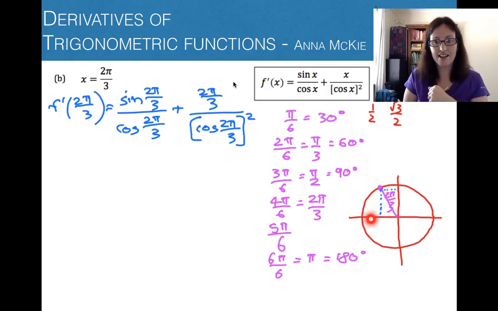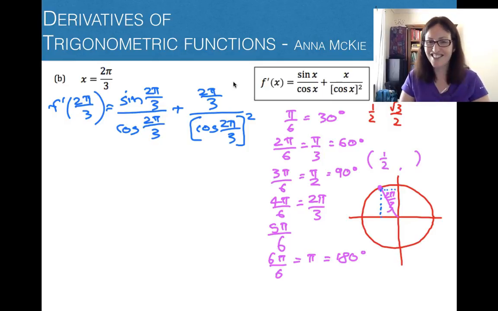But coming along the x-axis, between here and the edge, that looks about halfway. So therefore, this will have the half coordinate, which is on the x side. So if we have our coordinates, it'll be a half there. I'm not finished though. And therefore, the root 3 on 2 will go in the y position.